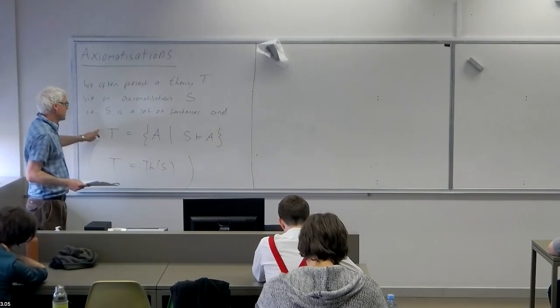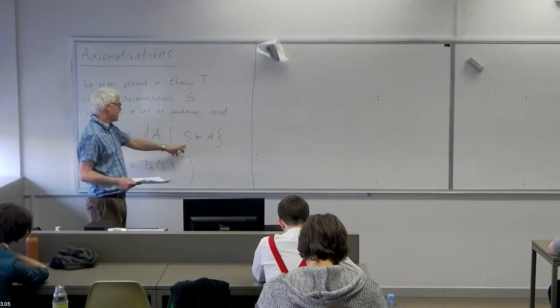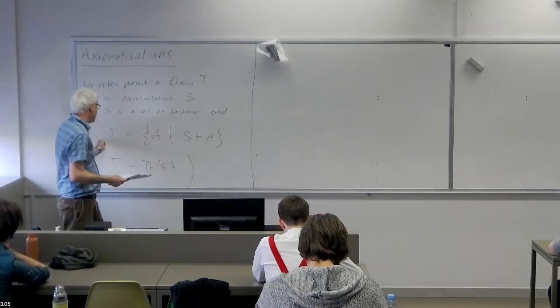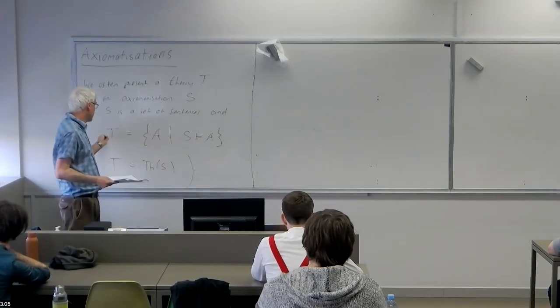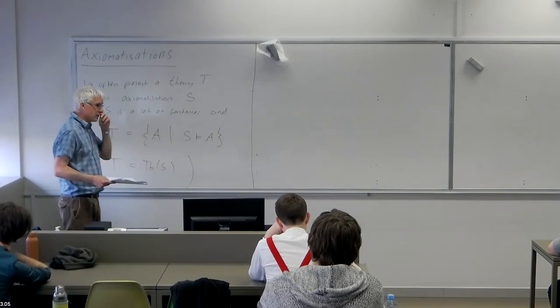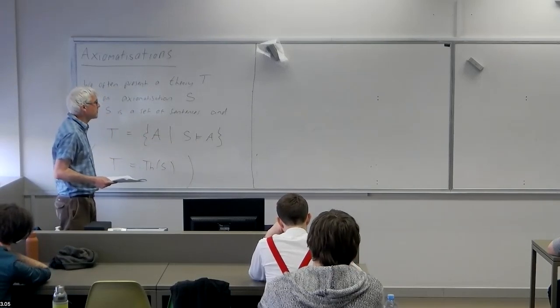But anyway, the point is we found a set of sentences S such that it axiomatizes the theory T. So everything in T is a logical consequence of the set of sentences S.